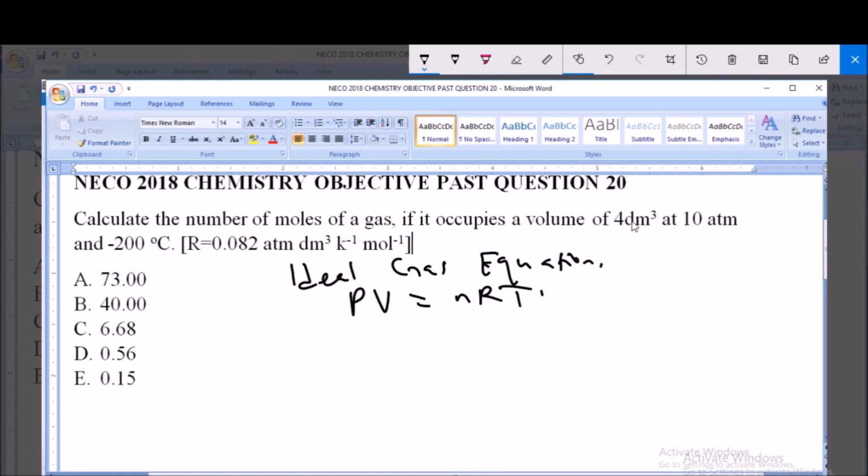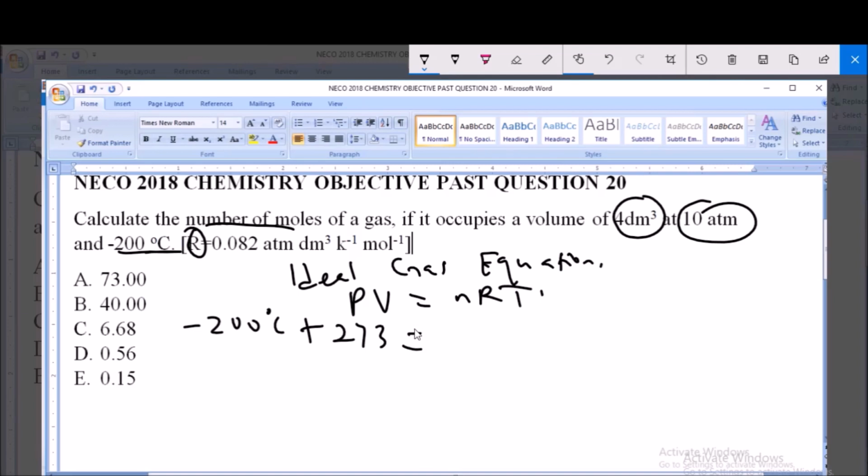P is the pressure, which we have here as 10 atm, V is the volume in dm cube, n is the number of moles, R is the ideal gas constant, and T is the temperature in Kelvin. Our temperature here is in degrees Celsius, so the first thing to do is convert it to Kelvin. Minus 200 degrees Celsius plus 273 is equal to 73 Kelvin.